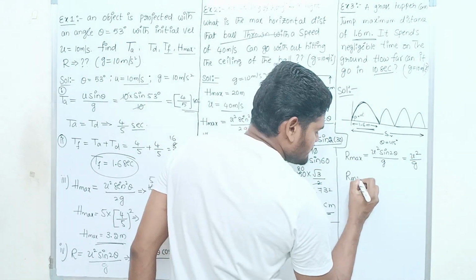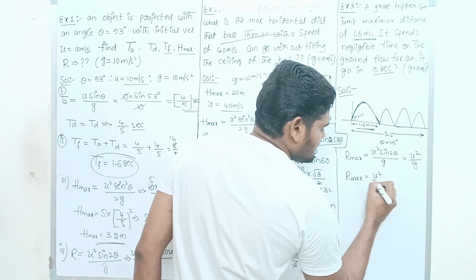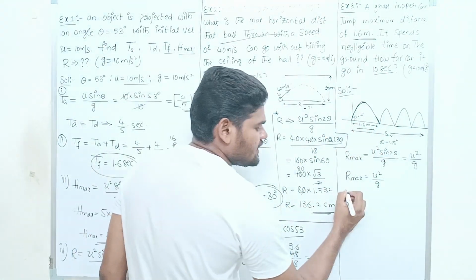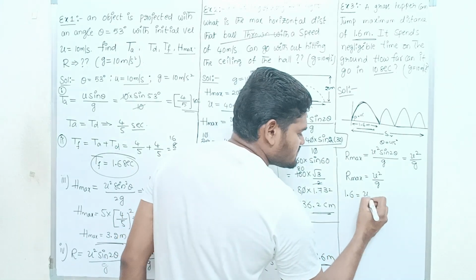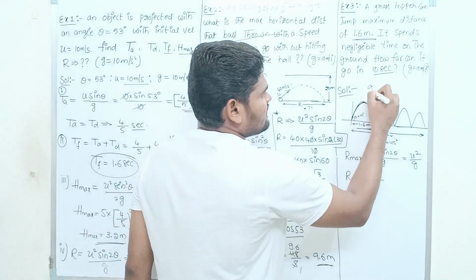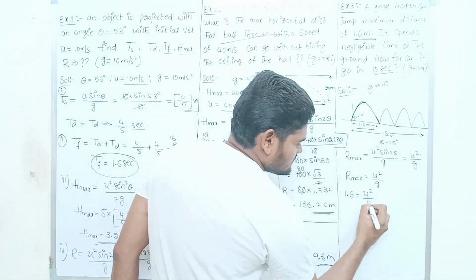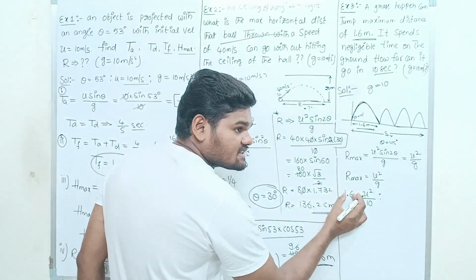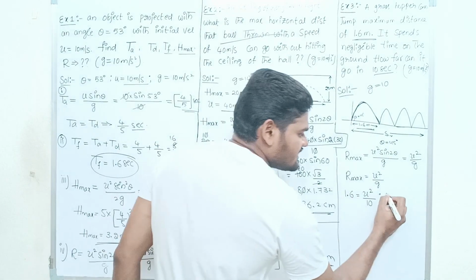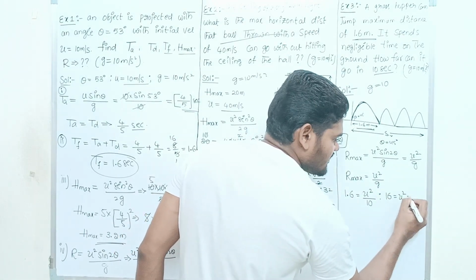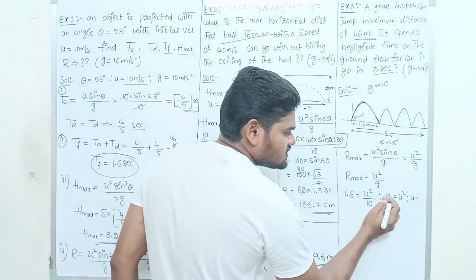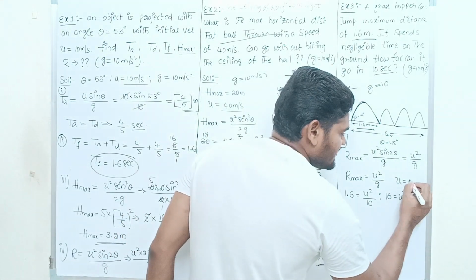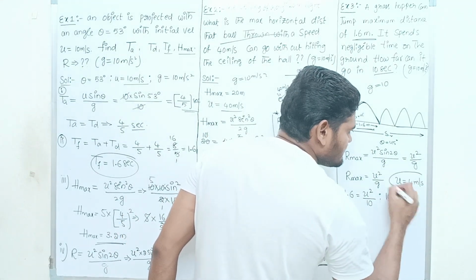R maximum is given as 1.6 meters, equal to u square by g. They have given g is equal to 10. So 10 into 1.6 is 16. So 16 is equal to u square. Then u is equal to root 16, so finally u is equal to 4 meters per second.